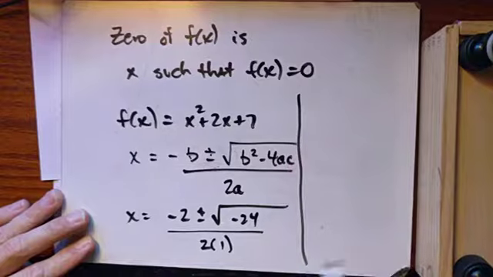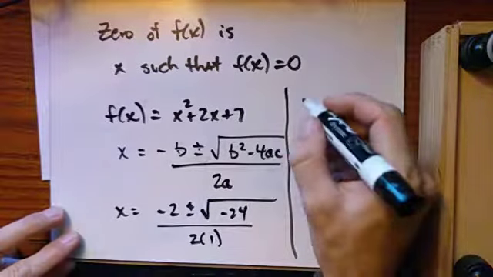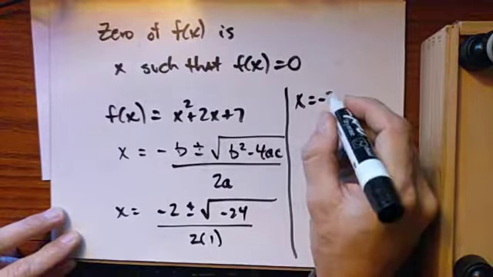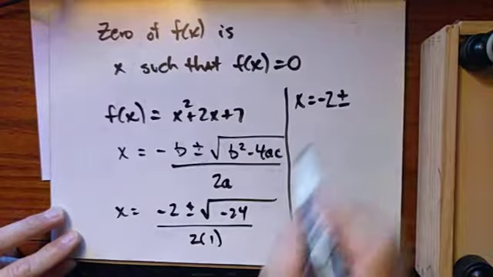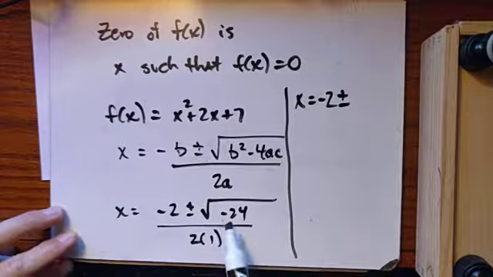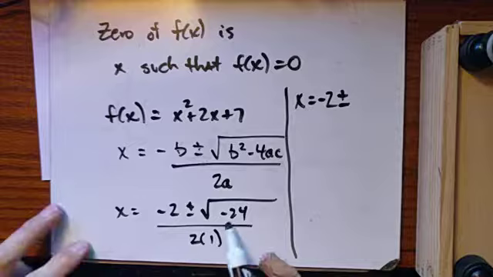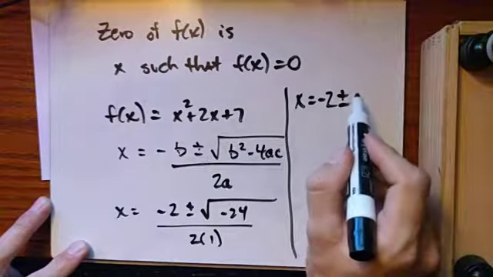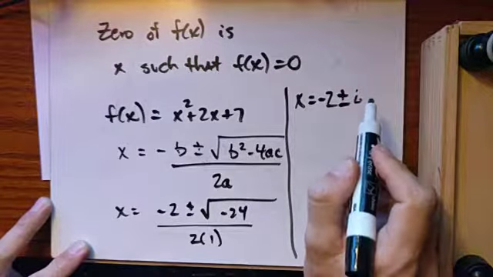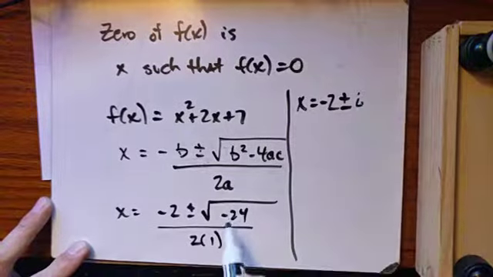So I'm going to continue working over here on the right side of this line. And the square root of negative 24 is, whoa, how do we do the square root of a negative? Well, there's an imaginary number called the square root of negative 1, i, that we're going to factor out of this.